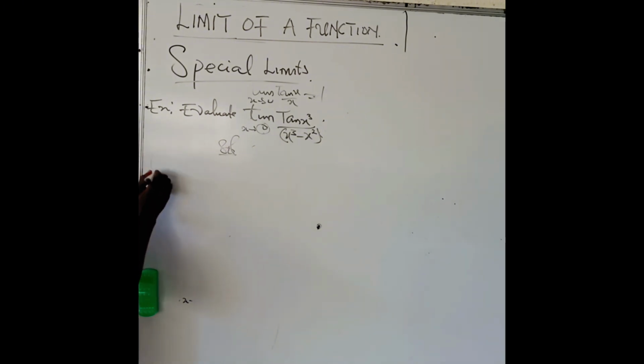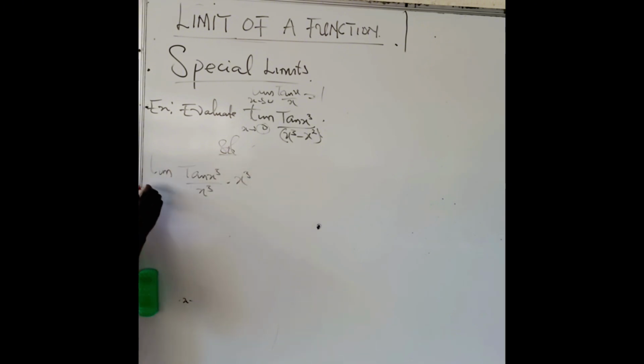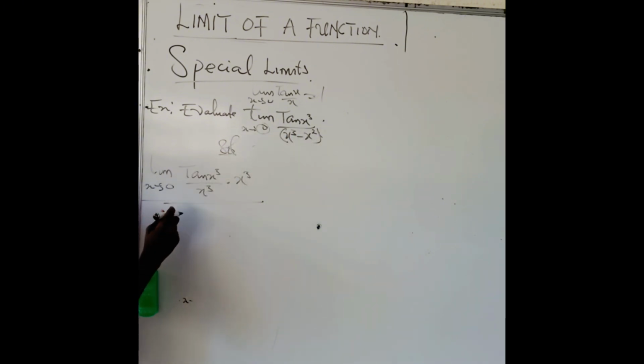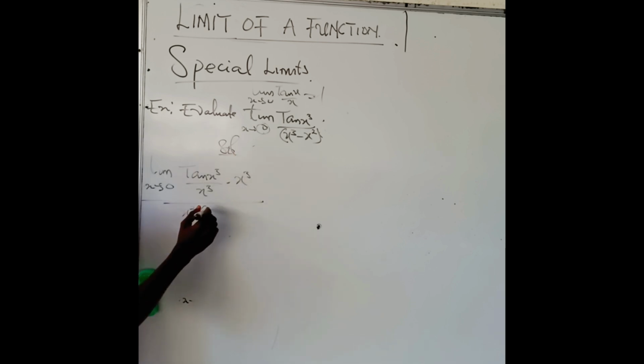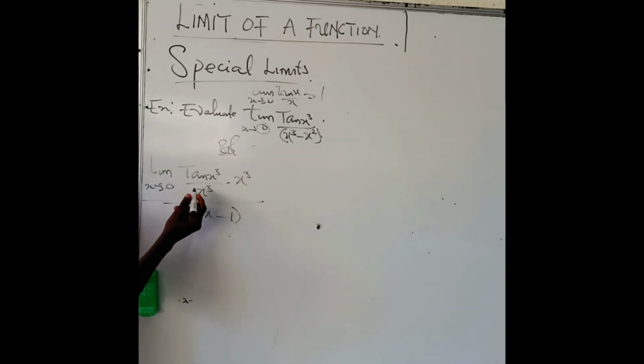So that is now the limit of tan s cubed over s cubed, multiplied by s cubed, as s approaches 0, over... Now I can take the common factor, which is s squared. If I bring s squared out, I'm going to have s minus 1.